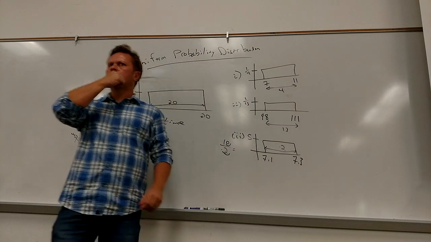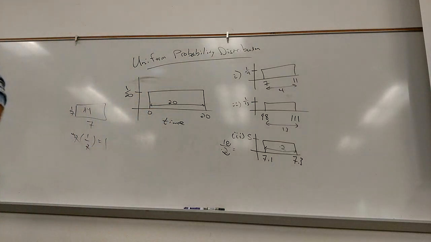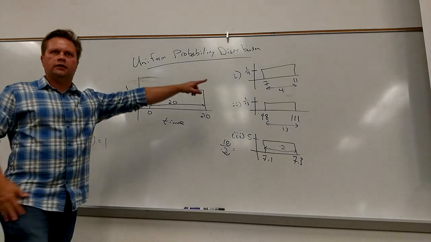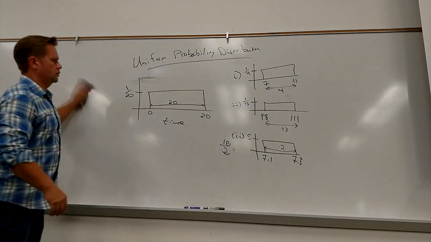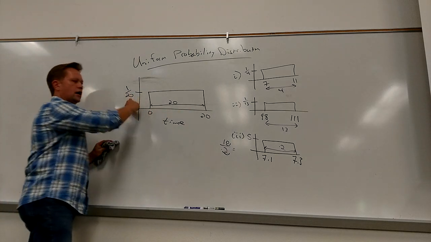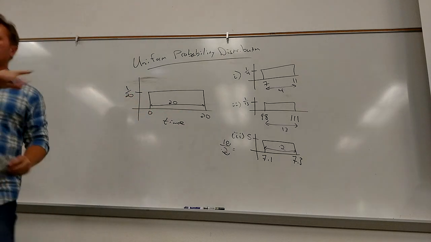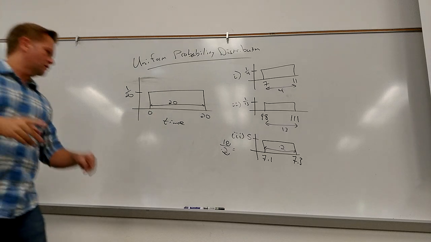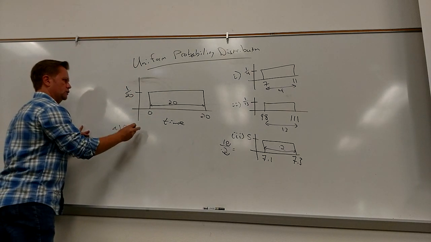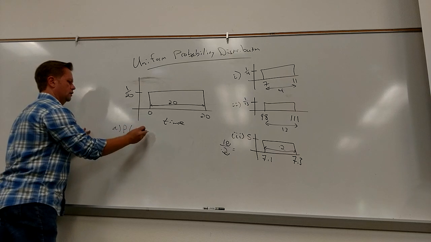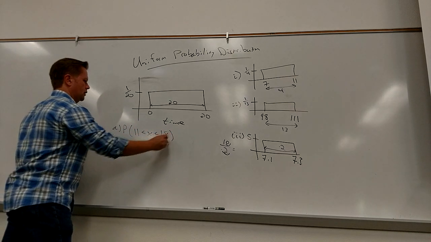Okay. All right, so let's come back to my original before we did the lightning round. Now everybody see this is 20, so that's got to be 1/20th. Is that cool? All right. So what is the probability that somebody waits from 11 to 18 minutes?